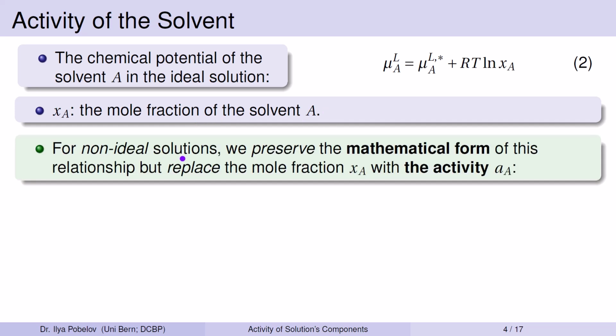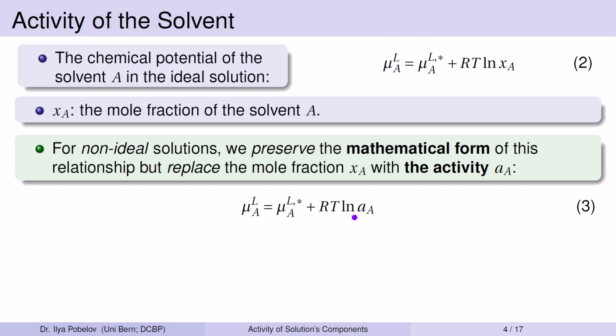For non-ideal solutions, we preserve the mathematical form of this relationship, but replace the mole fraction x_A with the activity a_A. The chemical potential of the solvent in a real solution is then expressed as μ_A(l) equals μ_A*(l) plus RT times the natural logarithm of a_A.